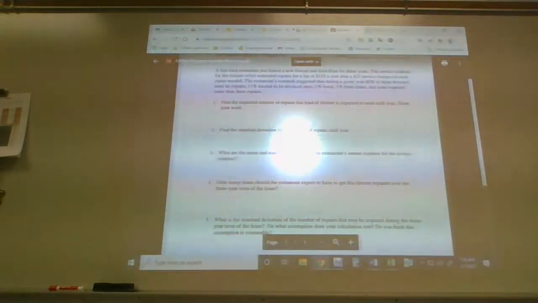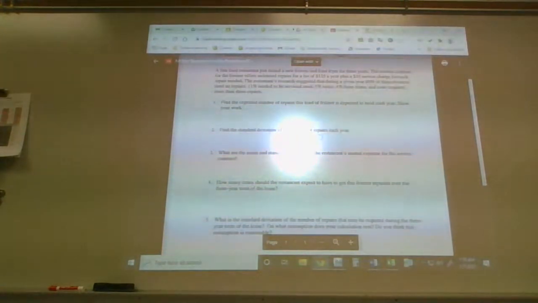So this problem. A fast food restaurant just released a new freezer and food fryer for 3 years. The service contract for the freezer offers unlimited repairs for a fee of $125 a year plus a $35 service charge for each repair needed.